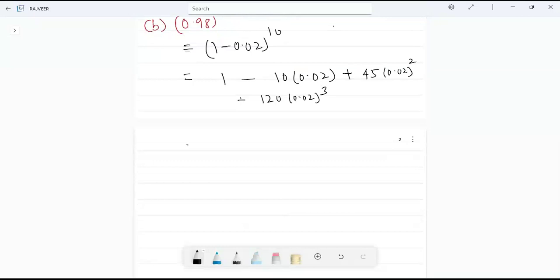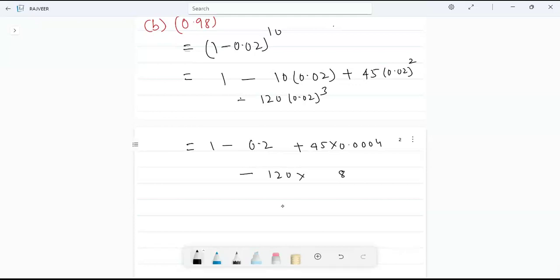So we have 1 minus 10 into 0.02, which will be 0.2, plus 45 times 0.0004, minus 120 into 8.